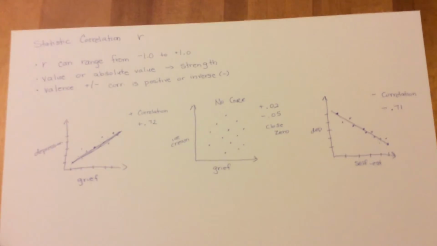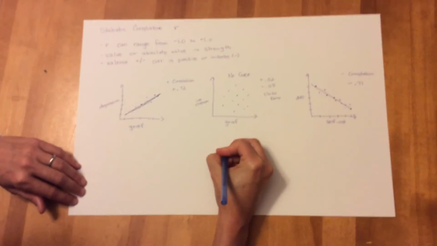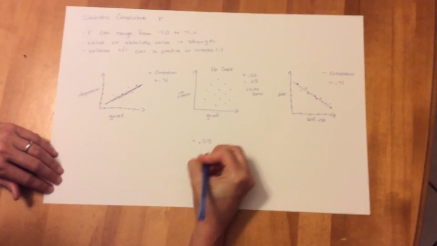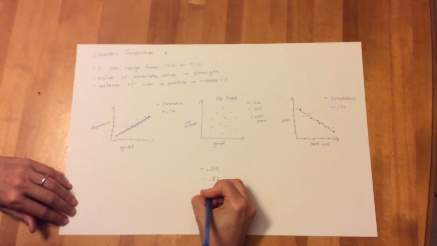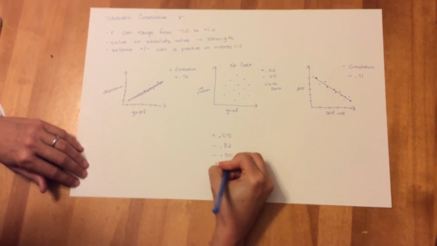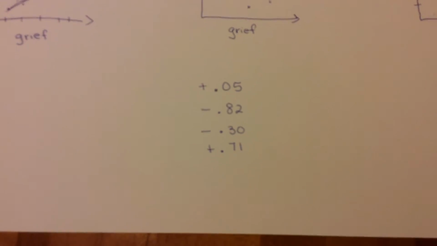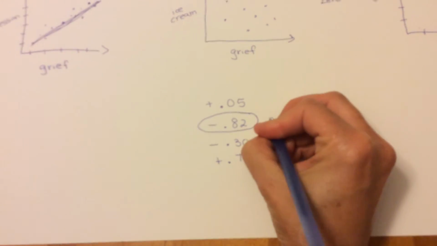So, for example, if I gave you four correlations, positive 0.05, negative 0.82, negative 0.30, and positive 0.71, and I asked which of these is the strongest correlation, you would actually pick the negative 0.82.